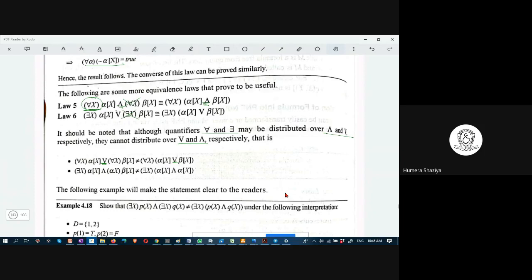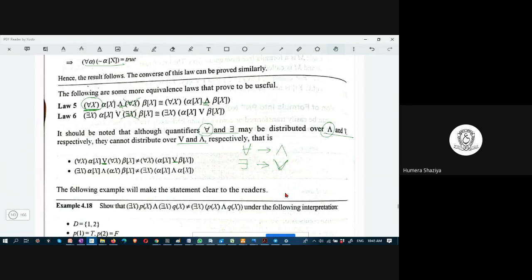It's for all, for all. For and, corresponding to and statement, there exists for all or statement. Please try to understand this again.